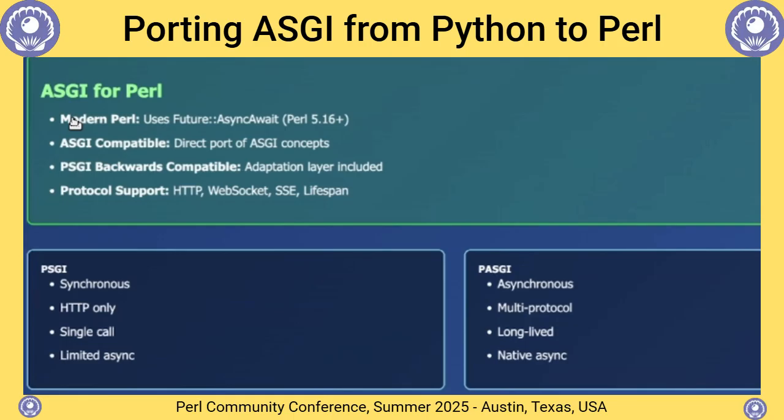All right. So first piece is that Perl does not have built-in primitives for handling asynchronous code. We have a couple different approaches to doing asynchronous code on GitHub and on MetaCPAN.